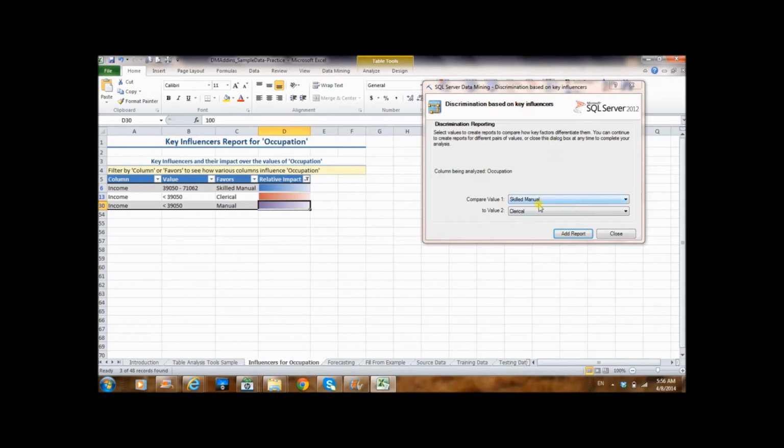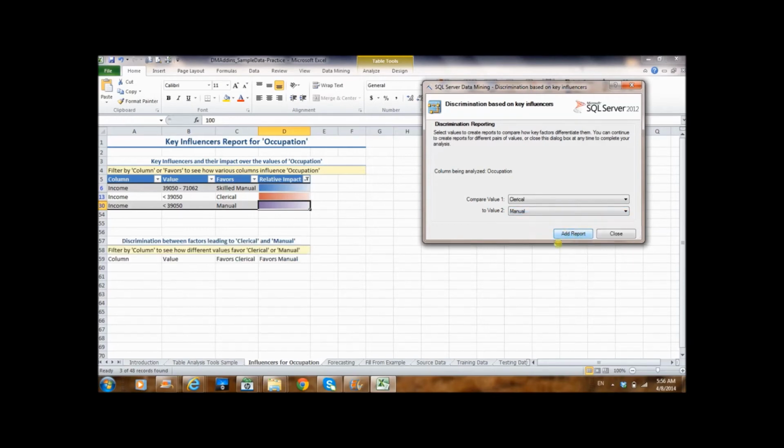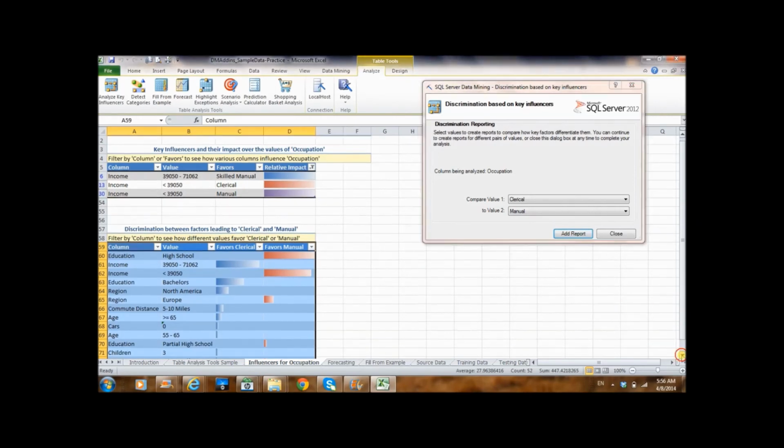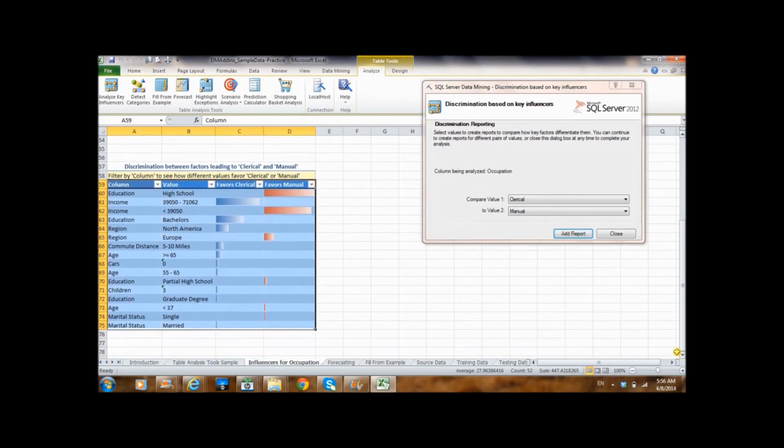So we compare clerical and manual. Now we can have the analysis between these two types of jobs.